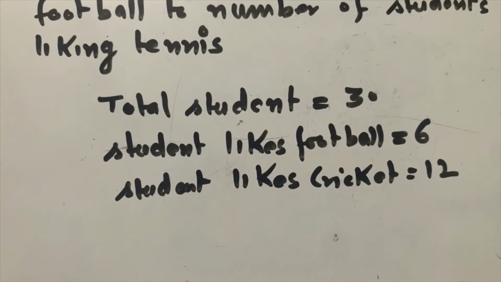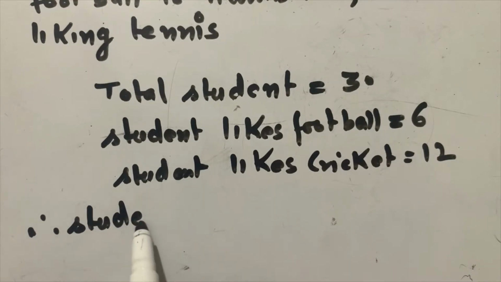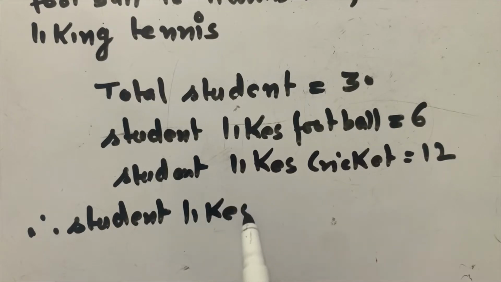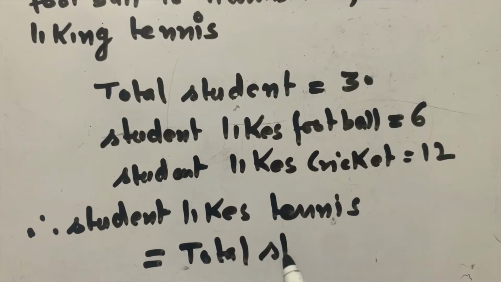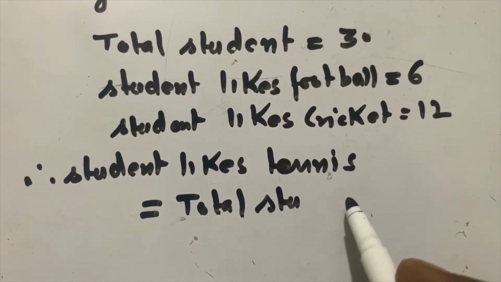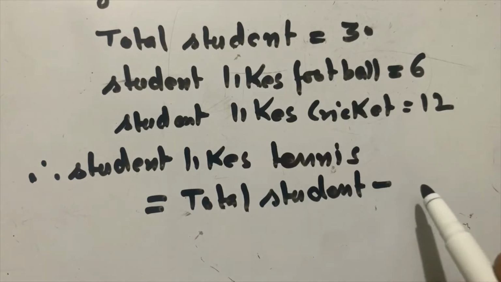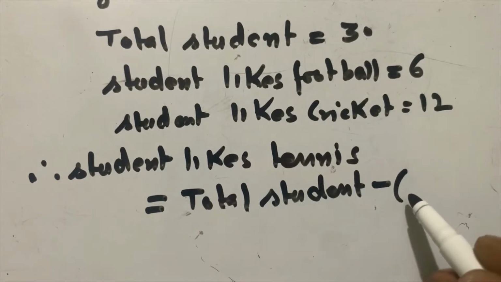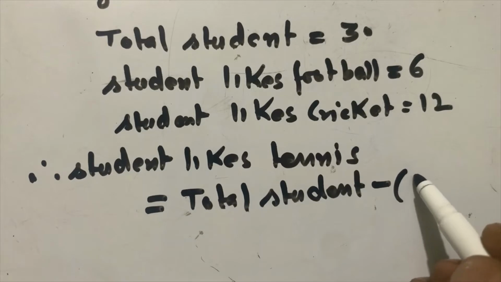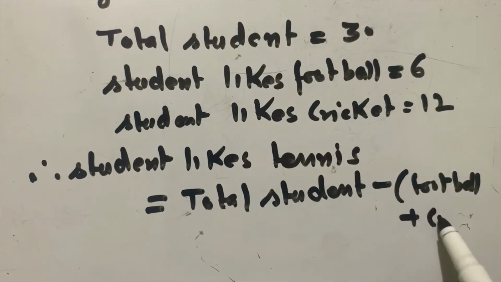Therefore, students who like tennis will be total students minus students who like football plus cricket.